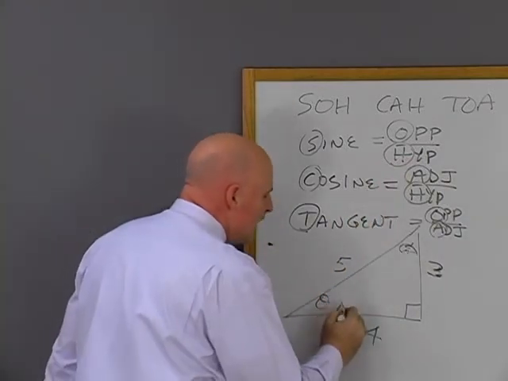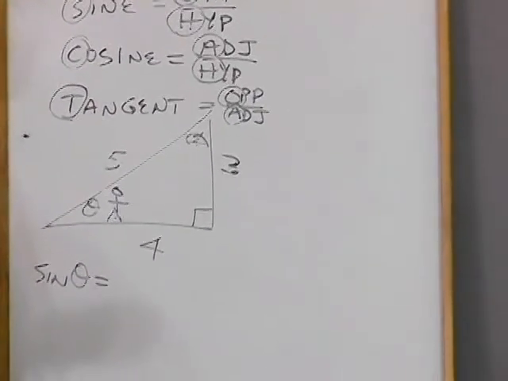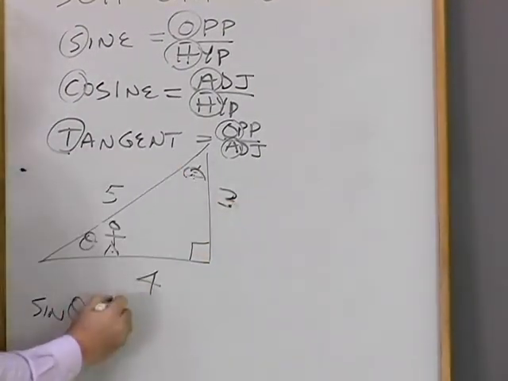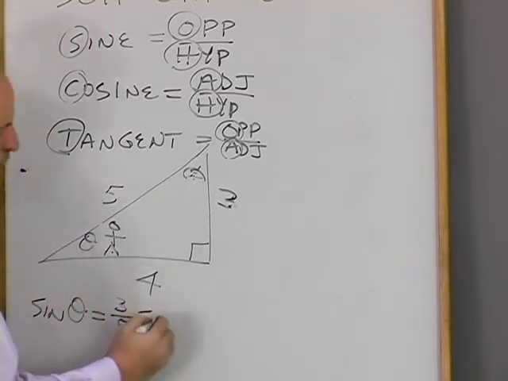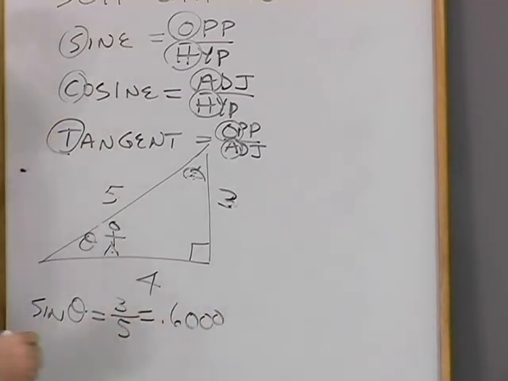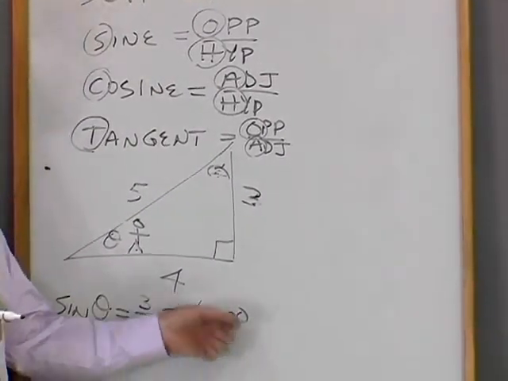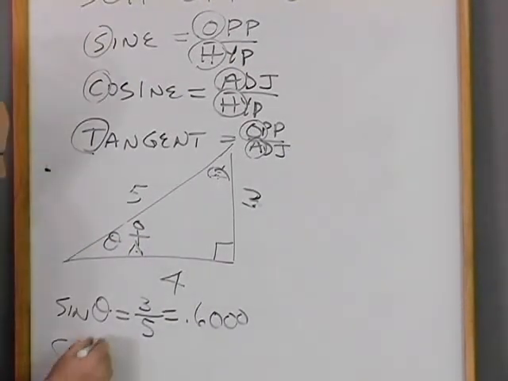If I'm standing here at theta, what is the sine of theta? Opposite over hypotenuse, so that would be 3 over 5, which I could write as a fraction, or as 0.6000. Same thing. If you look in a trig table under sine and 0.600, it will tell you the measure of that angle. Cosine. What's the cosine of theta?